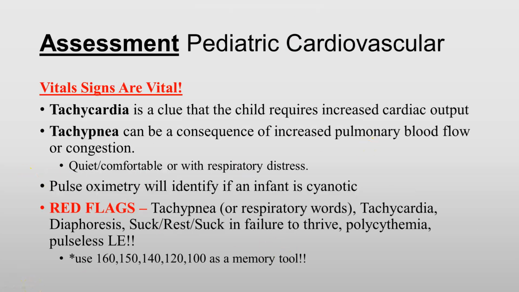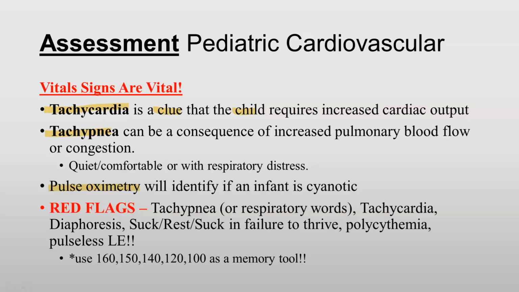Again, I like to be repetitive because I want to reinforce these points. Make sure you are assessing your vital signs. So we've talked about the fact that tachycardia is the earliest sign and symptom that the child requires an increase in cardiac output. I say child, but that's anybody. So you have tachycardia, tachypnea, right? Continuous pulse oximetry.